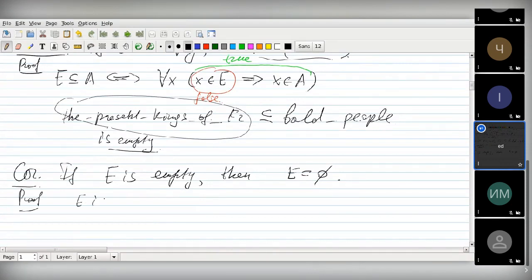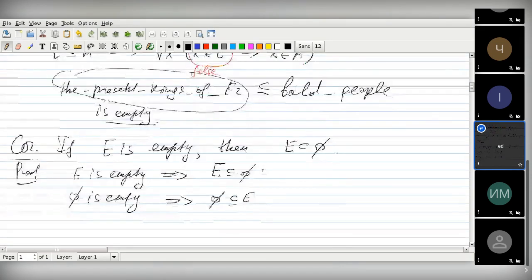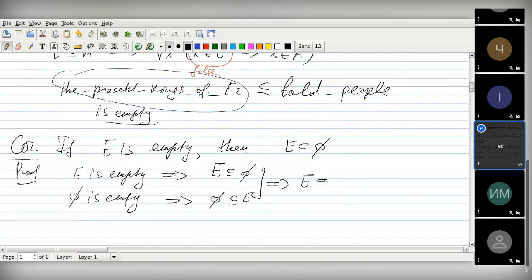You know, E is empty. This set is empty. An empty set is a subset of any set, so this is included into this one. And likewise, this one is included into E. From these two inclusions, it follows that the sets are equal.